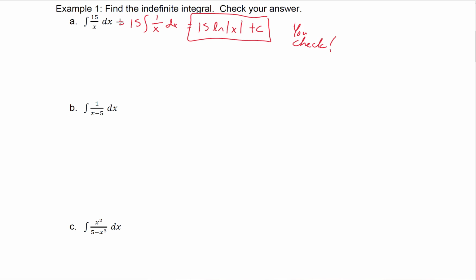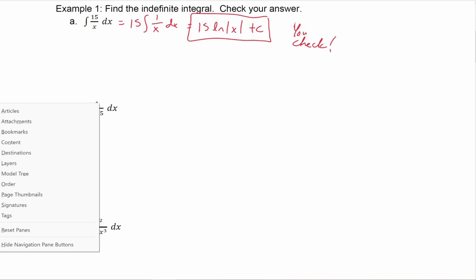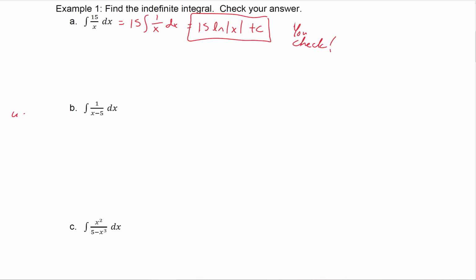All right, for the second one, the integral of 1 over x minus 5 dx. So think 1 over u du, right? So u here is equal to our denominator. So u is x minus 5. So du equals dx, or 1 dx.